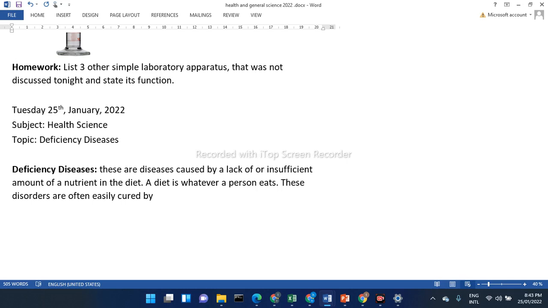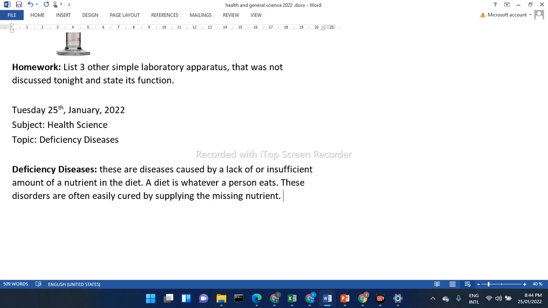By eating more of the foods or nutrients you lack. Exactly, by eating more of the things that you lack. So these disorders are often easily cured by supplying the missing nutrient. Right, so that's the good thing.